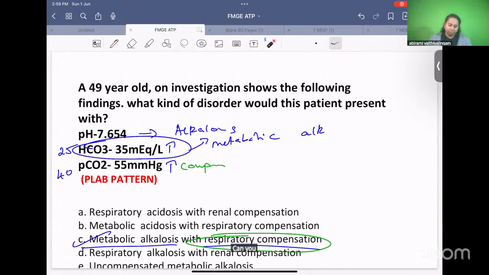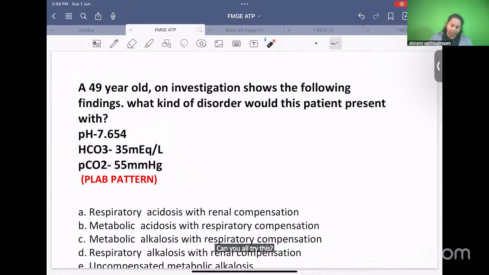Can you all try this? Yes, I want all of you to try this. What is the answer?